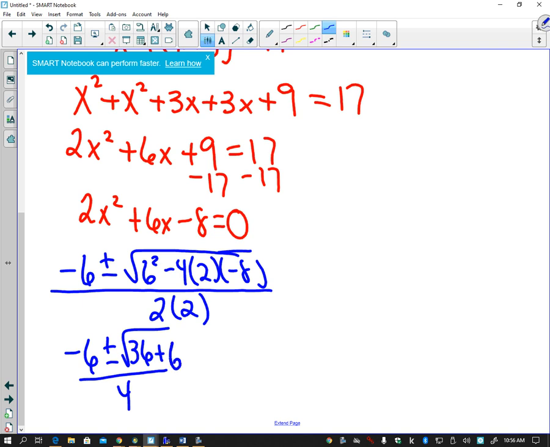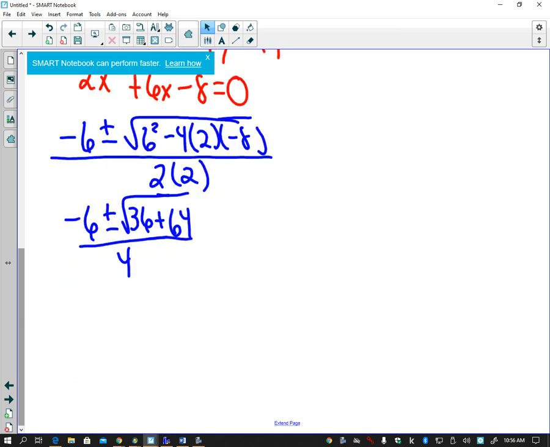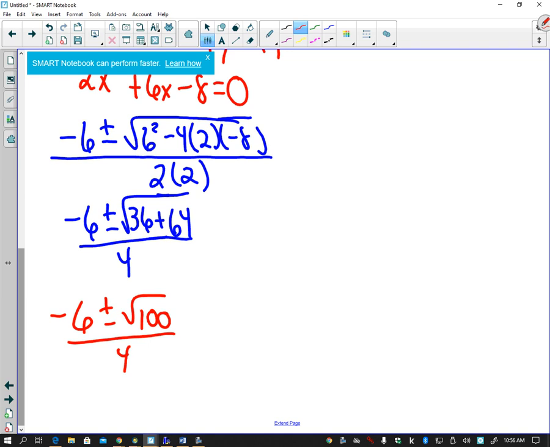Fortunately, 36 plus 64 comes out to a nice, neat 100. So I got negative 6 plus or minus the square root of 100, divided by 4. The square root of 100 simplifies, so negative 6 plus or minus 10, divided by 4.